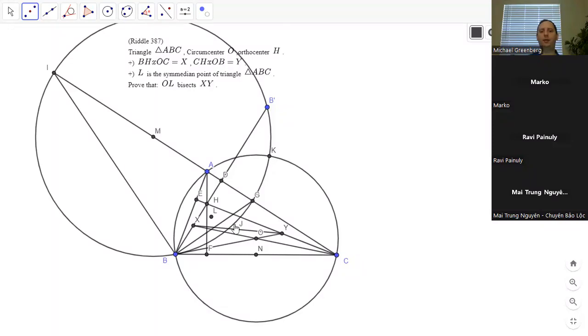Are J, N, and some other point collinear? Well, I don't know how much that really matters.